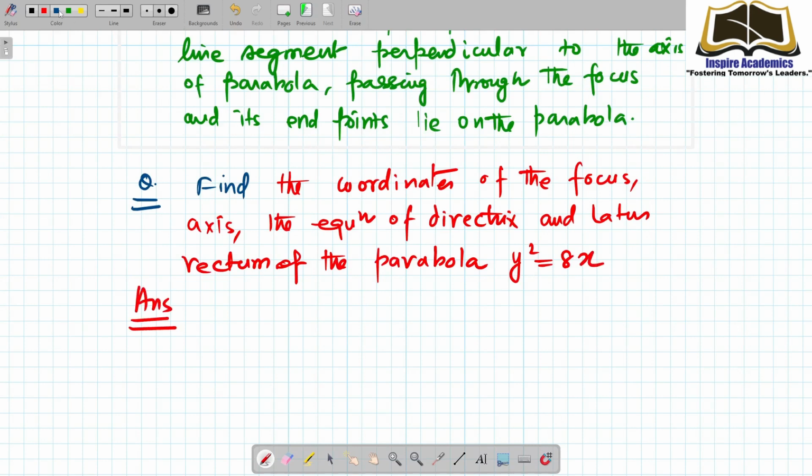एक एक करके इसको सॉल्व करते हैं. तो सबसे पहले, equation of parabola clearly defined है 8x. Standard equation क्या है, 4ax.